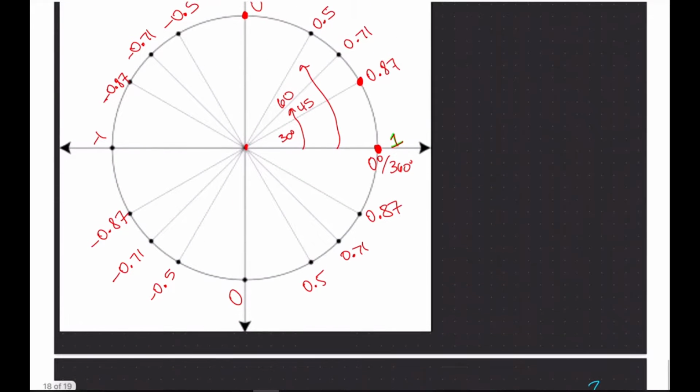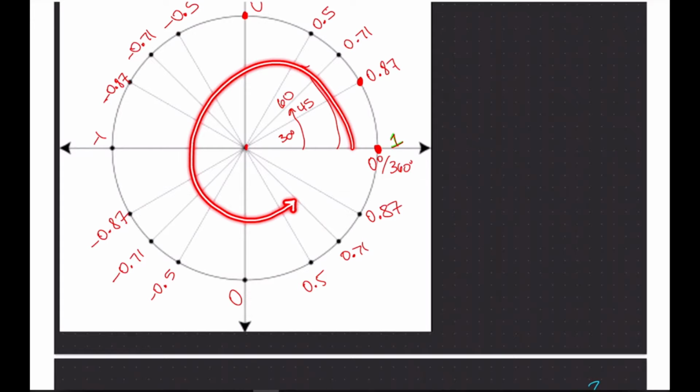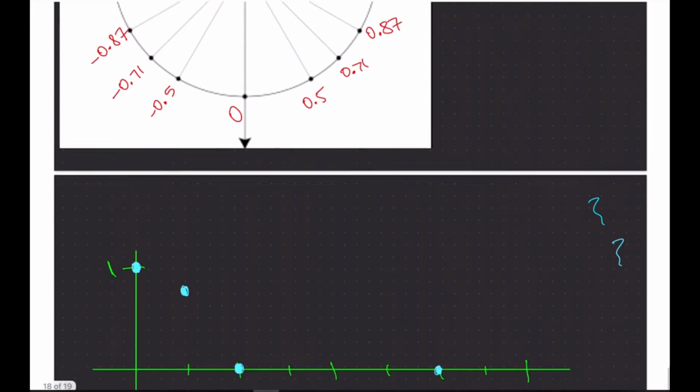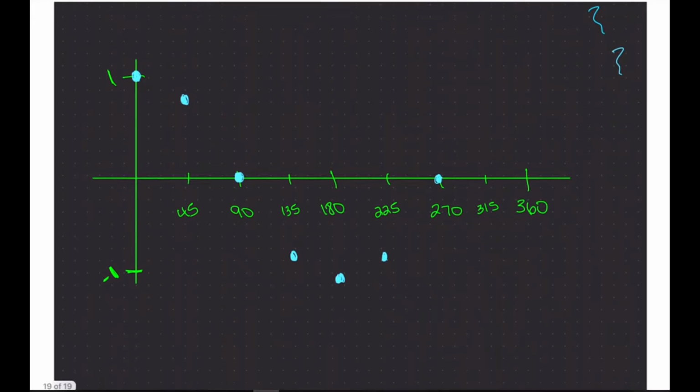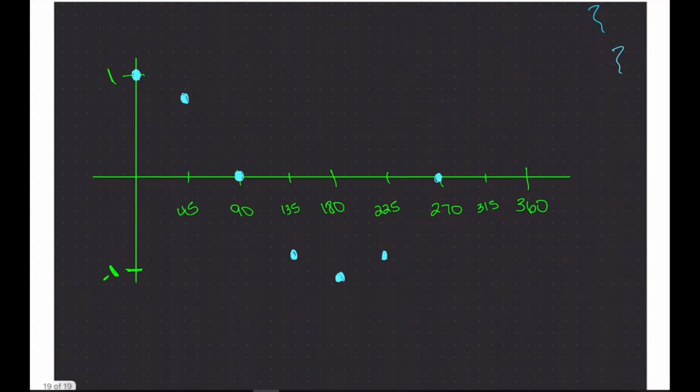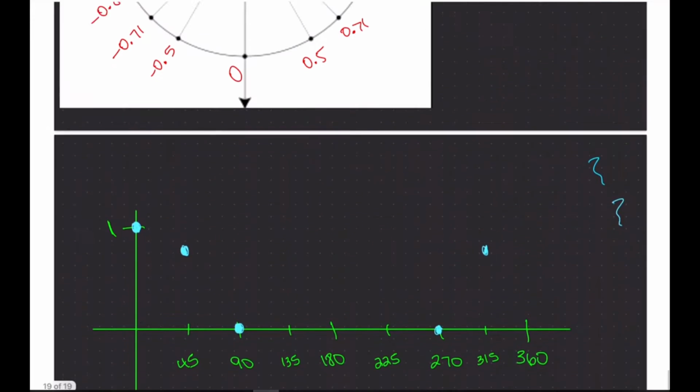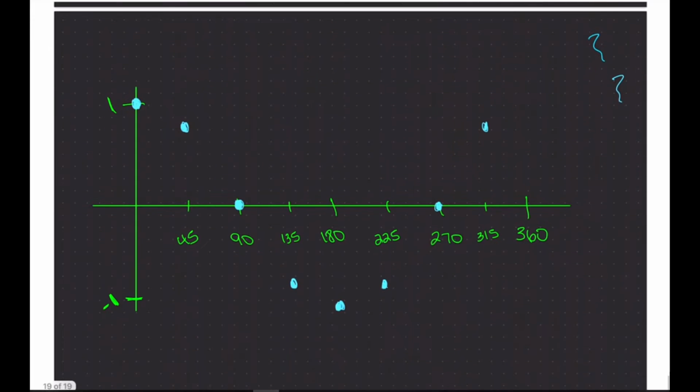315. So that would be all the way to here. We get 0.71. And what was it for 360? 1. So we're back up to 1.